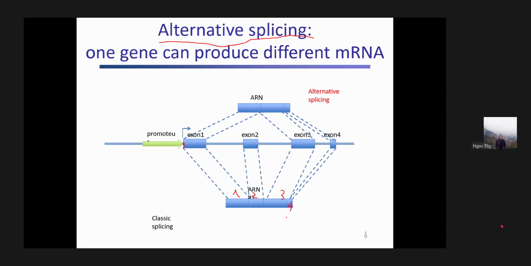So it's a classic splicing. But in an alternative way of splicing, the process somehow skips exon number 2, so the new mRNA now includes only exon number 1, number 3, and number 4. So this is called alternative splicing, and it gives rise to the transcript variants that we have just observed.